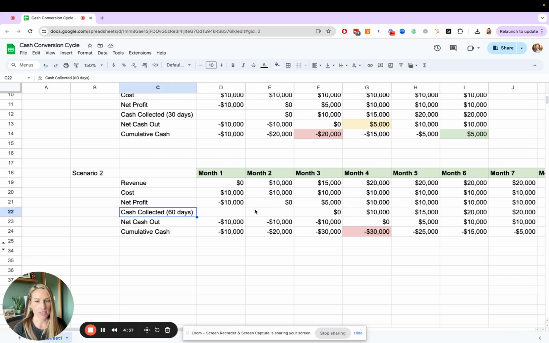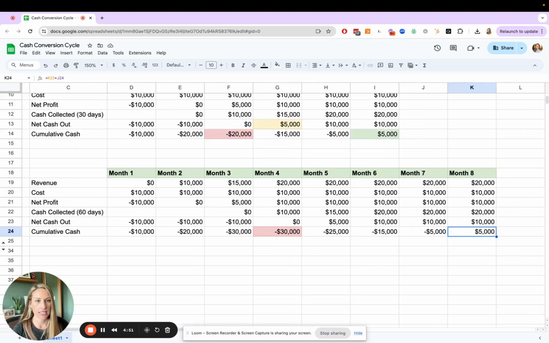The only difference is now we have to wait 2 months to get paid. So we don't start collecting cash until month 4. So our cumulative cash out is $30,000. It takes us 8 months before we're not burning cash anymore and we're starting to build cash. And it takes us 5 months to even start being cash flow positive on this person.